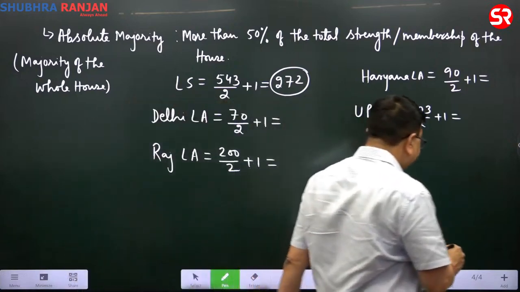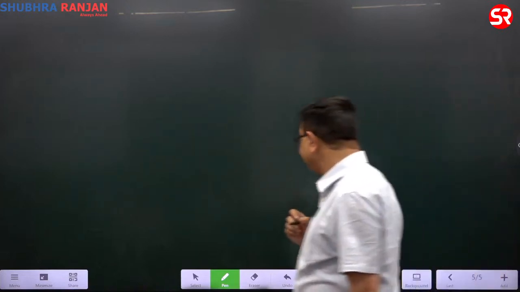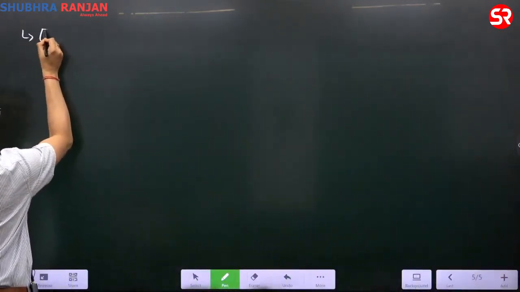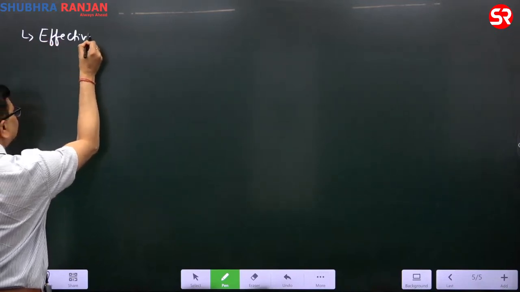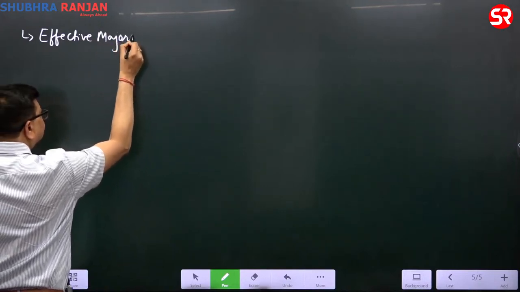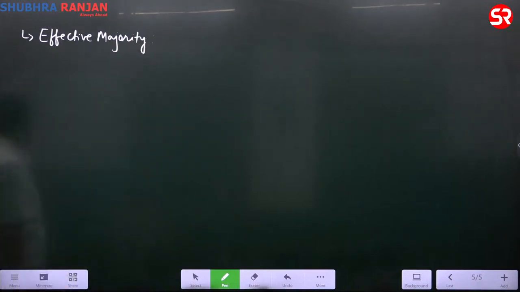Then coming to the third type of majority. It is effective majority.